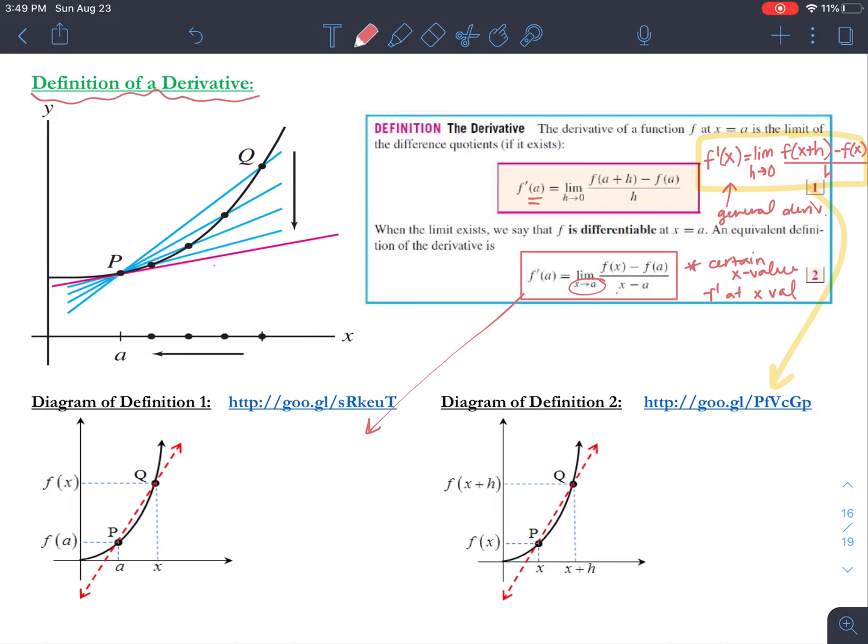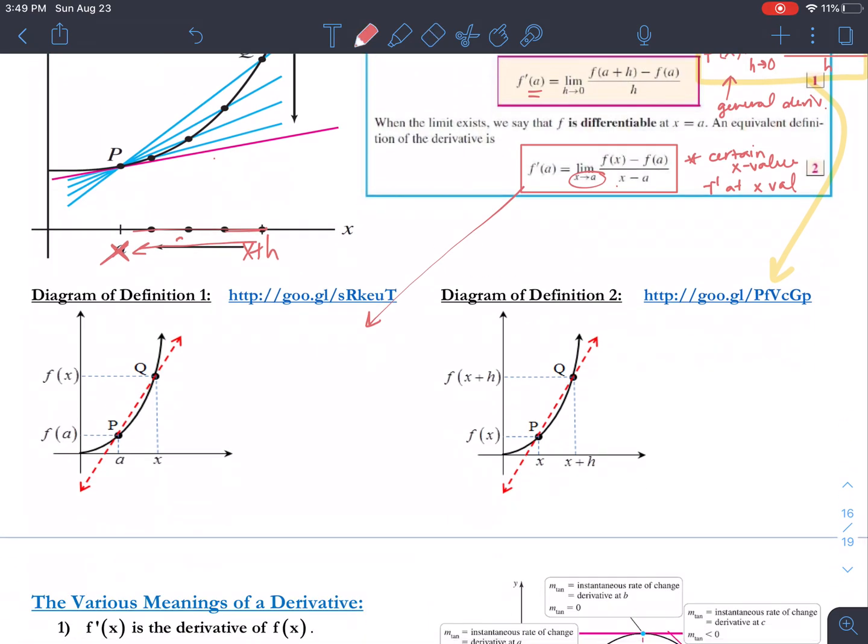This is as though we had x here, and then I added some h, maybe it's 4, so I'm 4 units away here. What if h is only 3? Well, then I'd move closer. What if h was 2? I'd move even closer. If I got h all the way down to 0, where it's basically x plus 0, if I approach really, really close, that's where I'm getting this pink tangent line. So that's the only difference there.